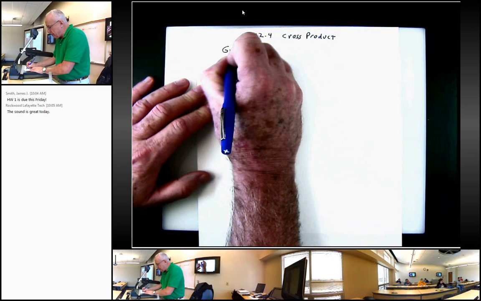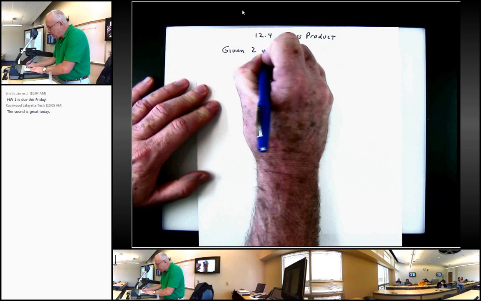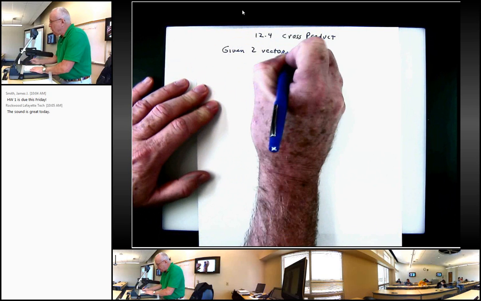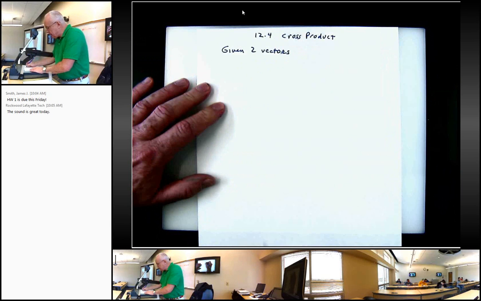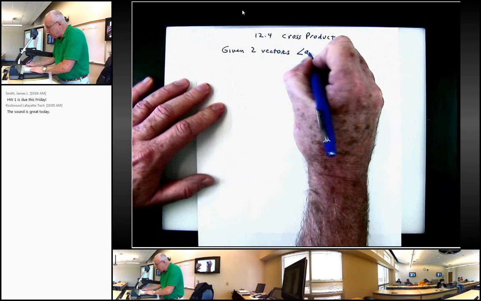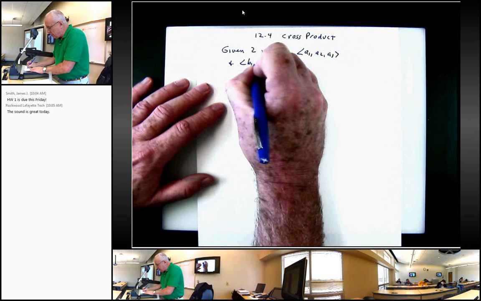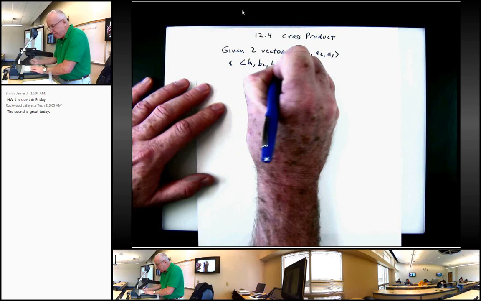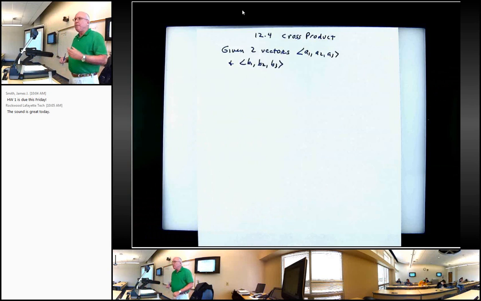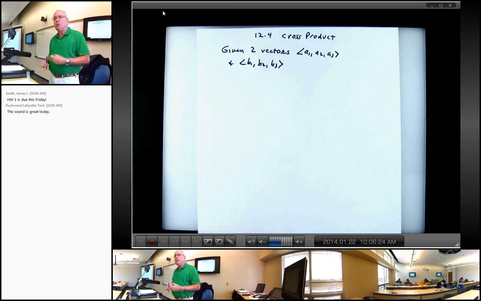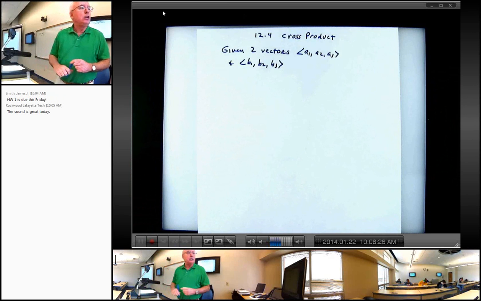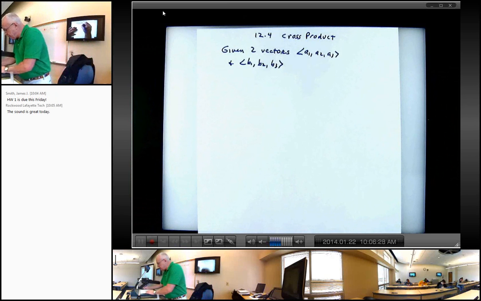Say we're given two three-dimensional vectors, A sub 1, A sub 2, A sub 3, and B sub 1, B sub 2, B sub 3. We can find a vector that is perpendicular or orthogonal to both of those vectors.